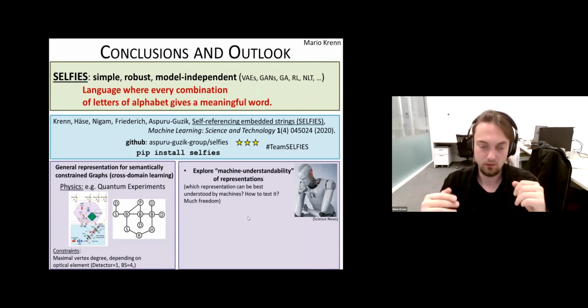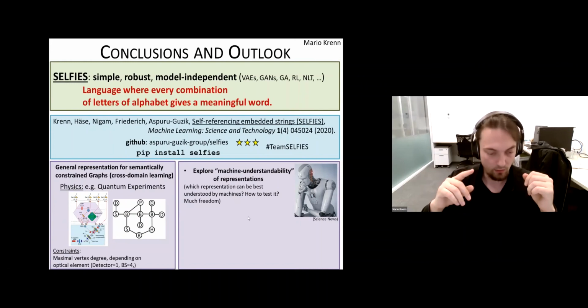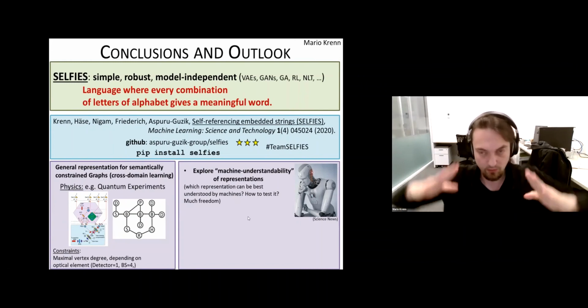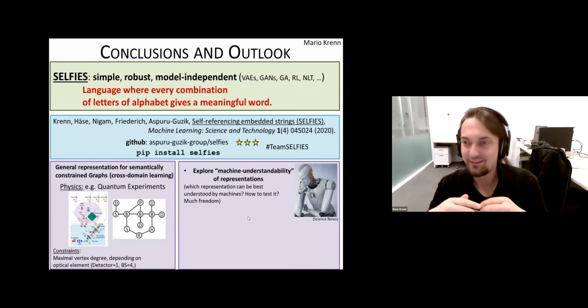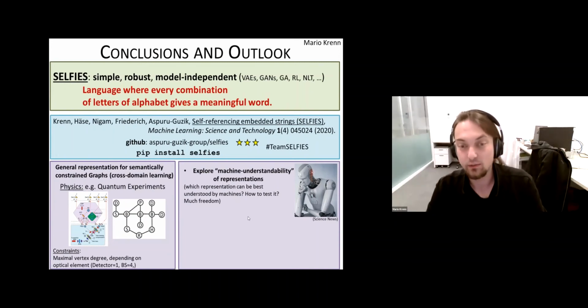Also, you have these other symbols, I don't know the English word for that. You can use those in SELFIES as well for prefixes to add a little bit more of 3D structure.